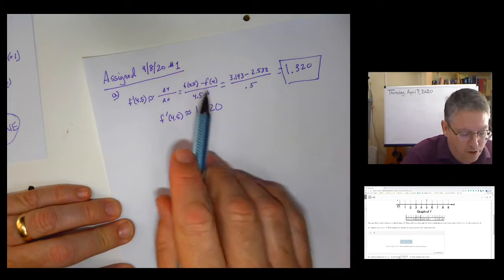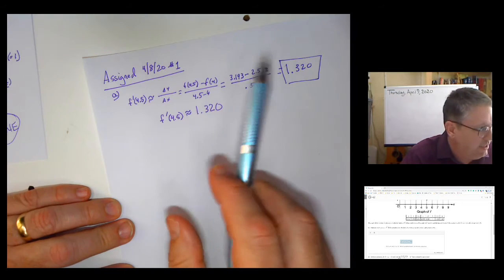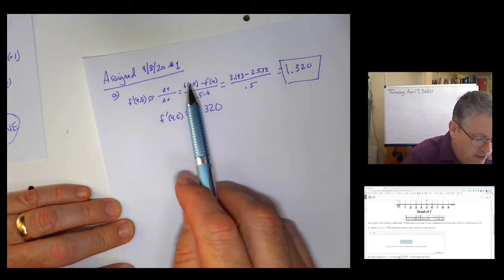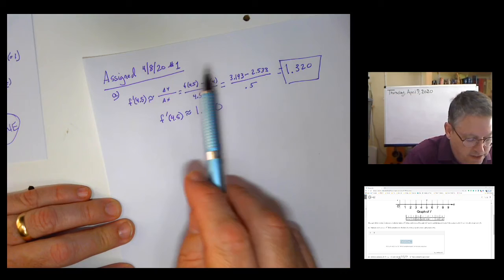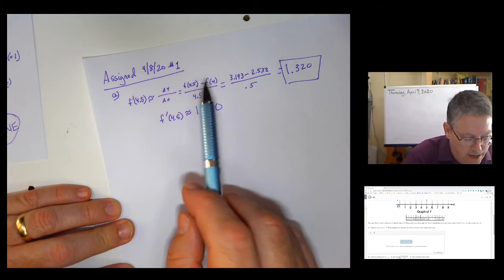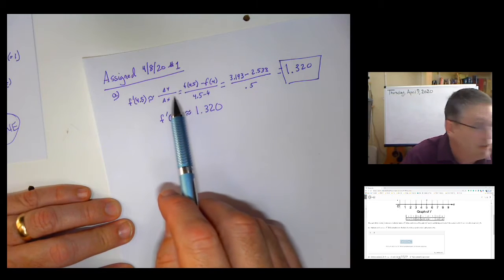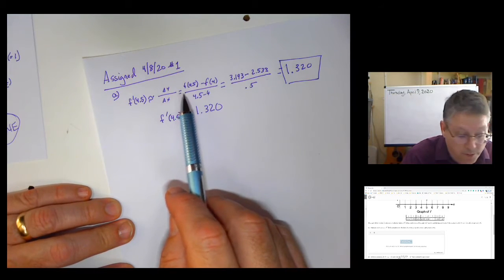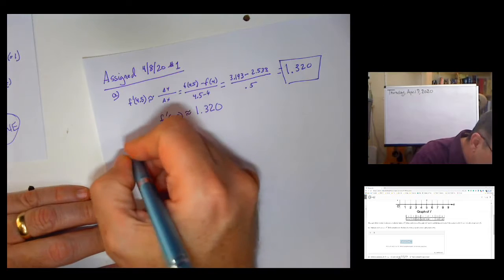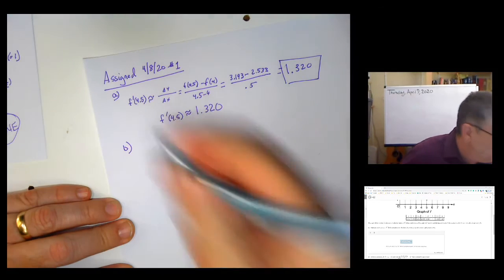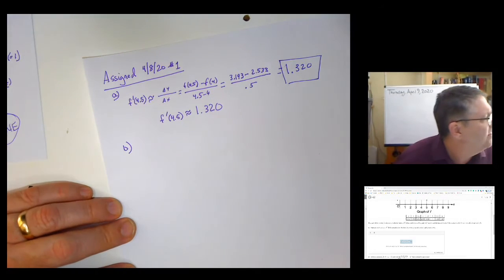And like I said, I did it wrong the first time because you can't use the limit. Visually, you can see what's happening as x approaches 5, but you're not allowed to use it because the instructions say from the table. All right, so that's A. B goes like this. Let's take a look at B.